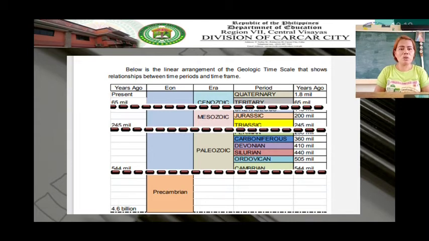For the Paleozoic, we have 360 million until 544 million. And for the Precambrian, we have 4.6 billion years. So 4.6 billion years is how Earth has got its age.